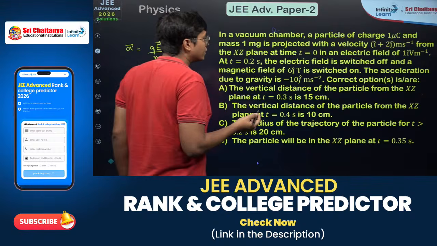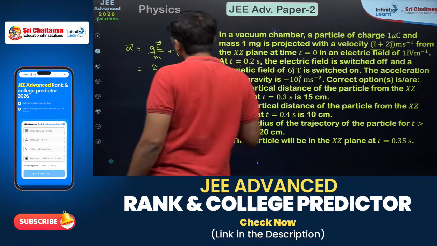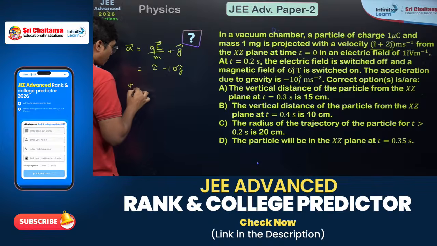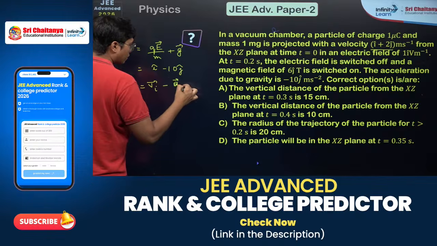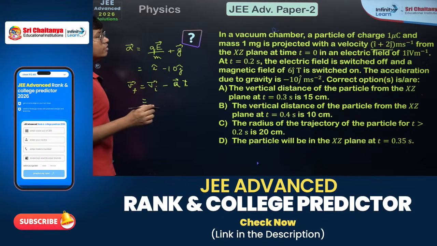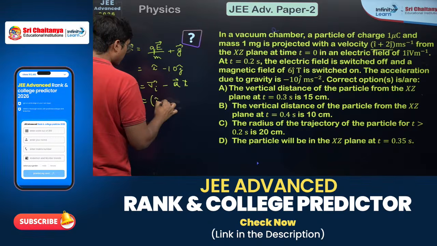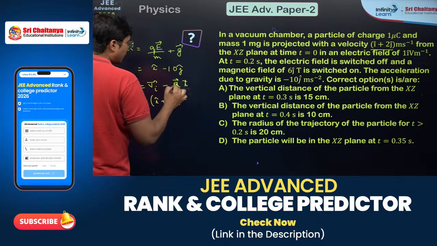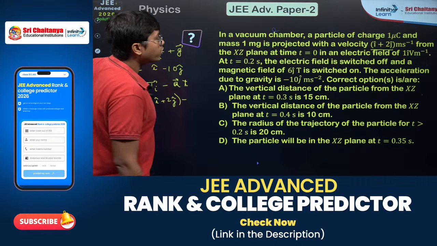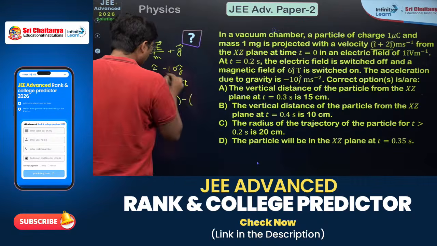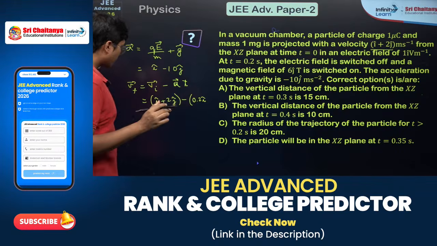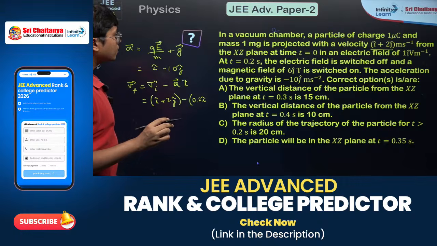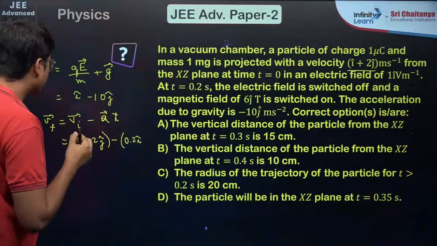Under that acceleration, if this was my initial speed, what does my final speed become? So Vi is i cap plus 2 j cap minus AT. So T is what? 0.2, right? 0.2 i cap, minus 10 j cap.